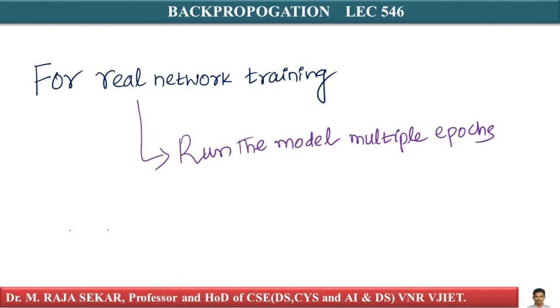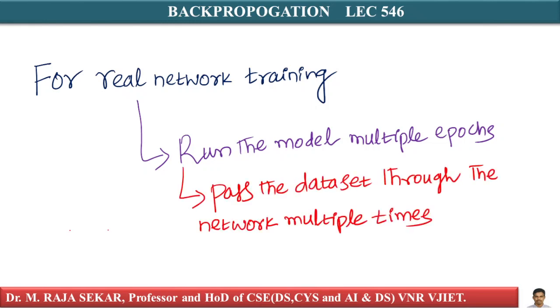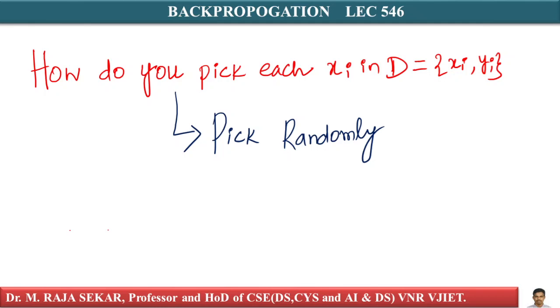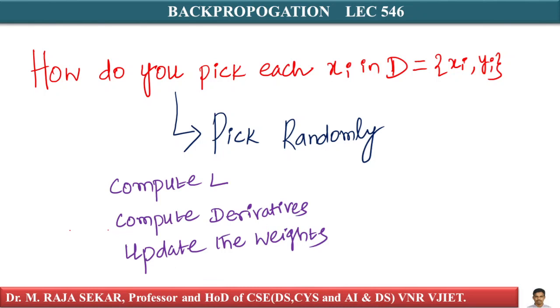Then you might wonder, how do you pick each of the points xi in D? Just pick randomly one point from your data set, one after the other, and pass it through the network. After passing it through, you have to compute L, compute derivatives, and update the weights.